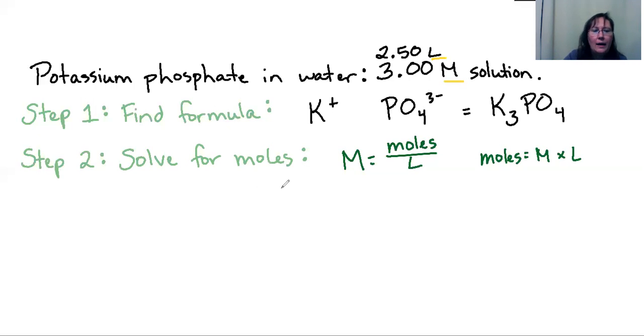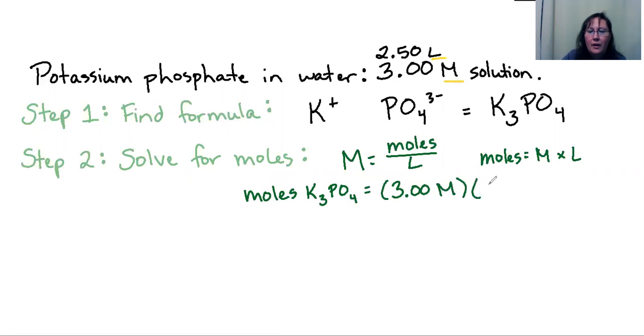So then the number of moles of potassium phosphate that we have is equal to 3.00 molar times our volume in liters, 2.50 liters. And the reason for that is that instead of writing molar, I could write this as moles per liter.